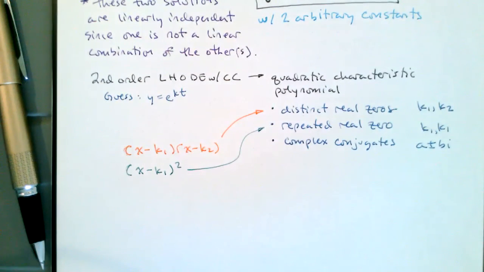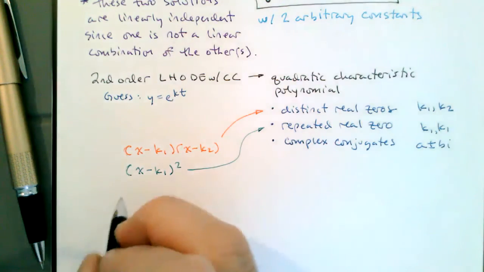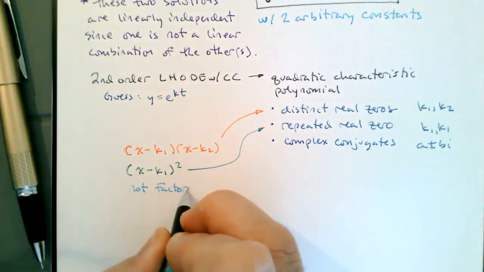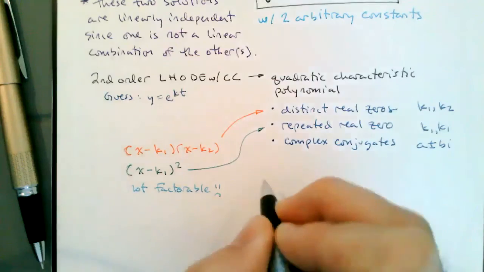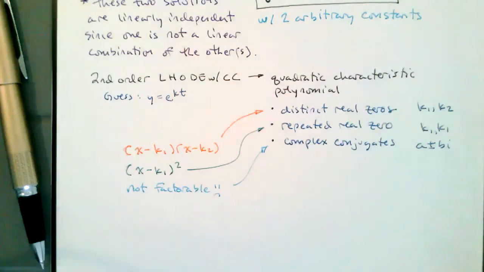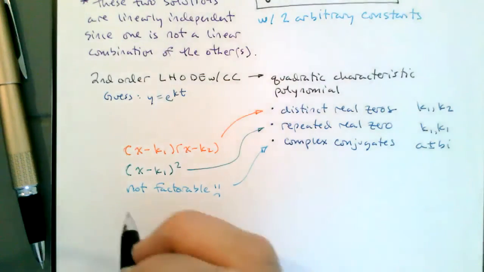Or I could have complex conjugates, a plus or minus bi, where it's just not factorable.